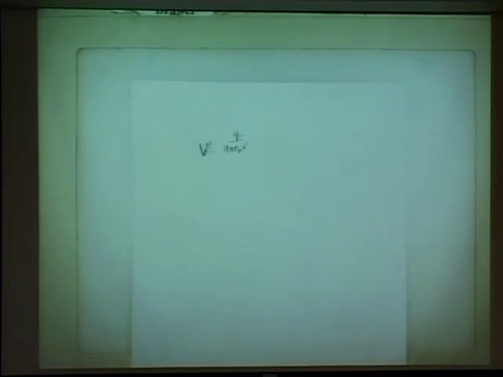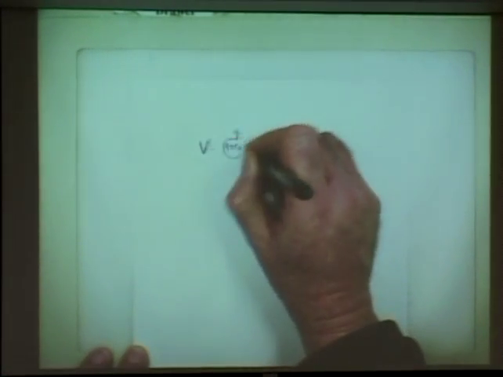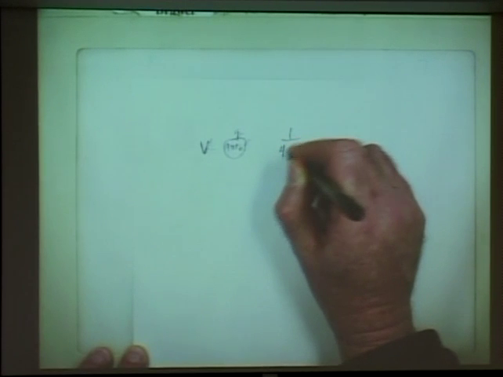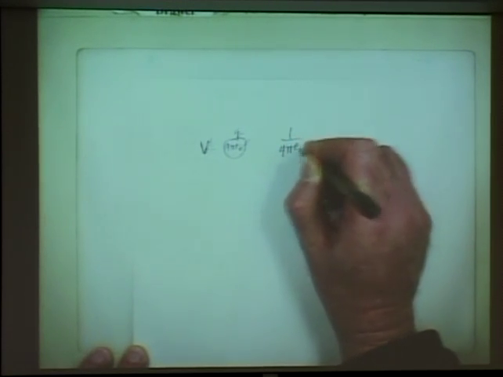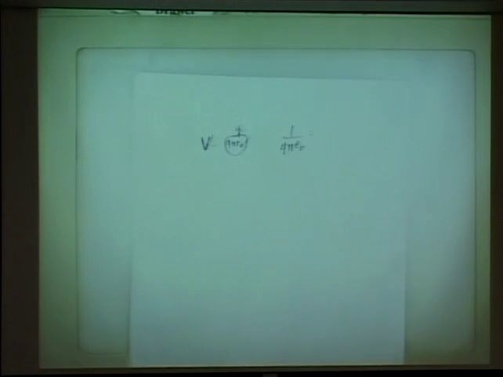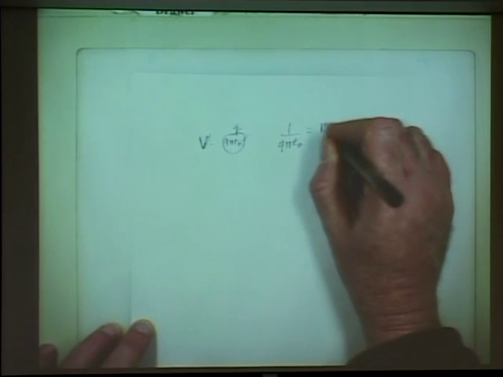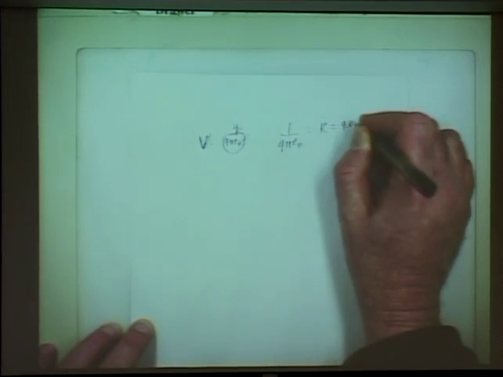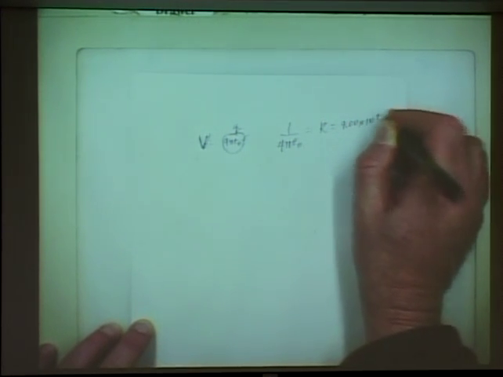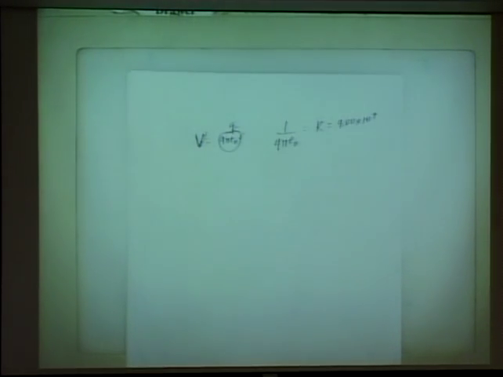No. We're going to take this, because 1 over 4 pi epsilon naught equals k, which equals 9.00 times 10 to the 9th. This is a mistake that I made on Wednesday. Okay? All right, so use k.